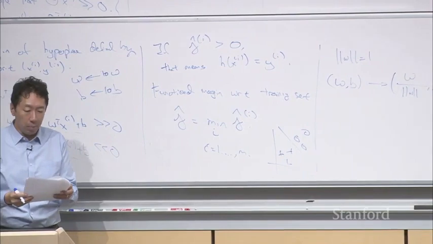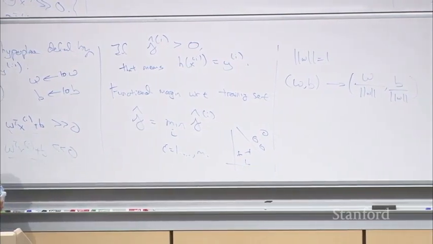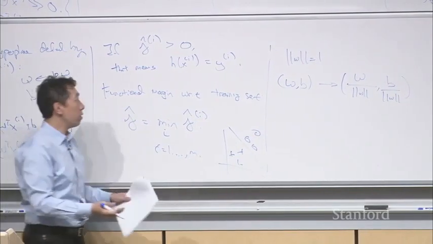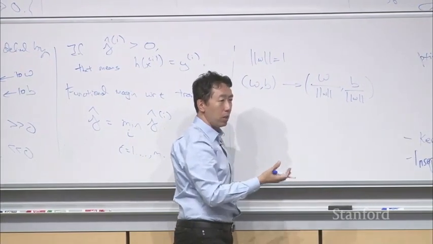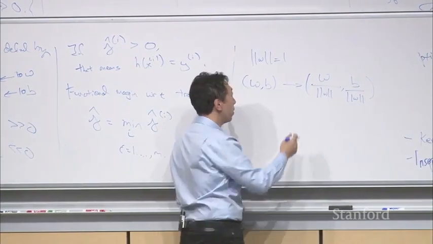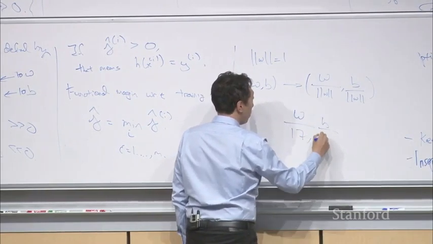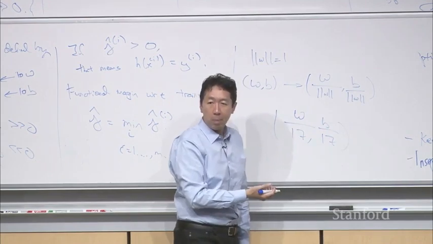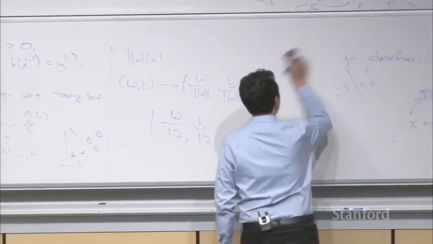But it prevents this way of cheating on the functional margin. And in fact, more generally, you could scale W and B by any other value you want, and it doesn't matter. You could choose to replace them by W over 17 and B over 17, or any other number really, and the classification stays the same. So we'll come back and use this property in a little bit.